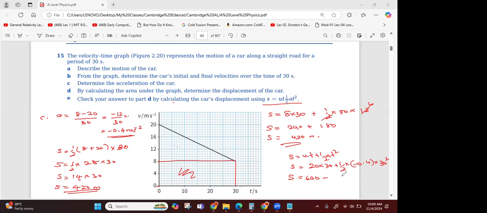When we're taking the time at 20 meters per second, don't you have to take it as time 0, or do you have to take it as 30?